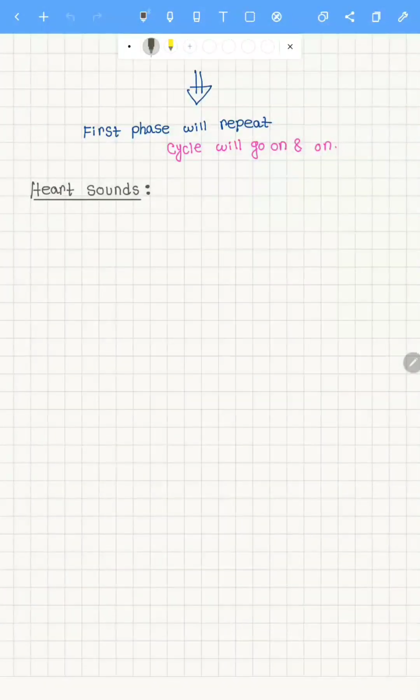So as I said, let's first write the sound S1. S1 is produced at the beginning of ventricular systole.